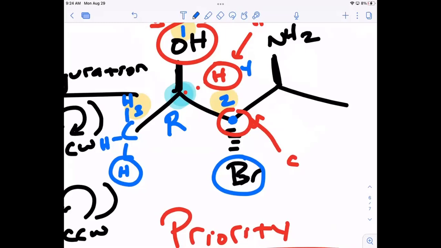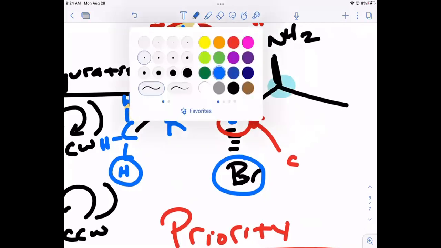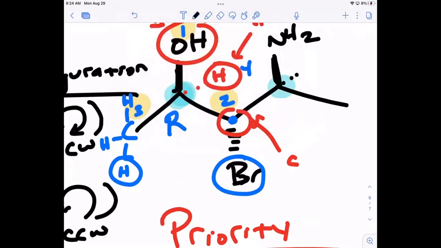All right, let's do the center that has nitrogen on it, and then we'll do the bottom one, and I'm going to use that to make a point. So let's go to here. Where are my 4 groups? There is a hydrogen on here. It's not shown, it's understood to be pointed back.